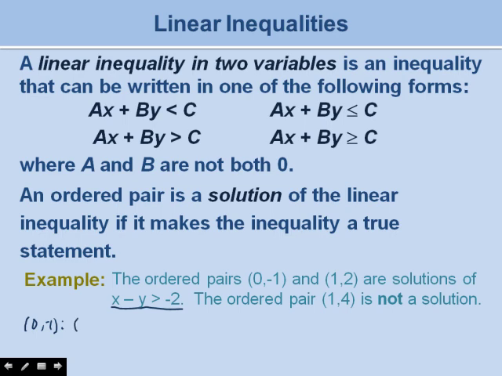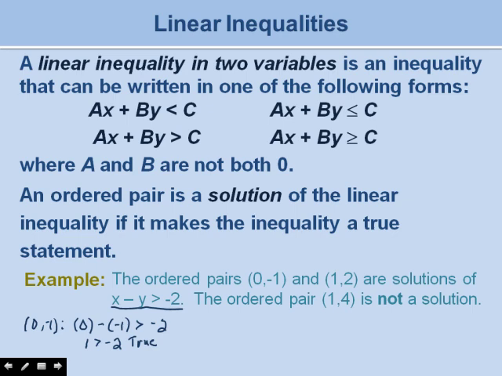So for the ordered pair (0, -1), if we substitute a 0 for x and a -1 for y, and then simplify on the left side, we end up with a +1. And since 1 is greater than -2, this is a true statement, and that means that the ordered pair we had is a solution.